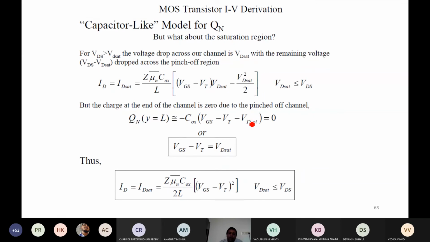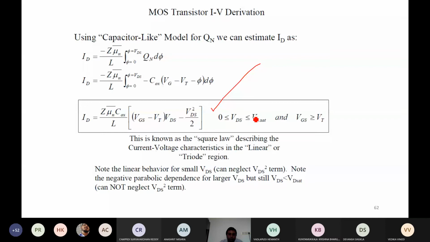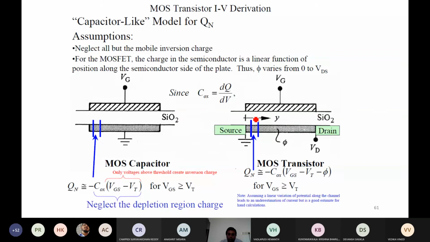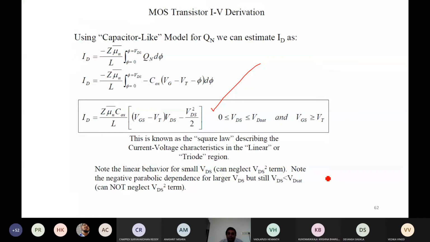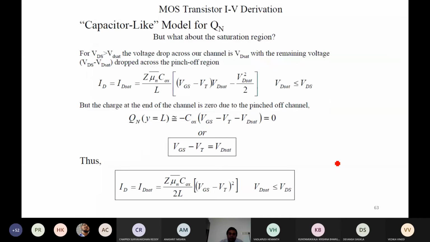At VD set, it is happening that Q1 is 0. This potential is now equal to VD set. So applying the charge is 0 condition, when VDS is equal to VD set, what is the value of charge?